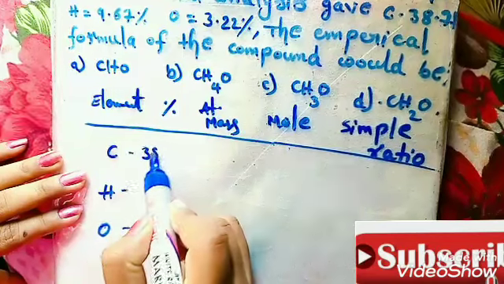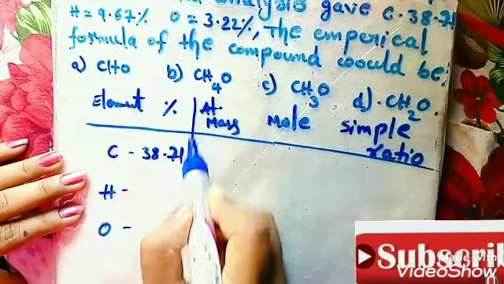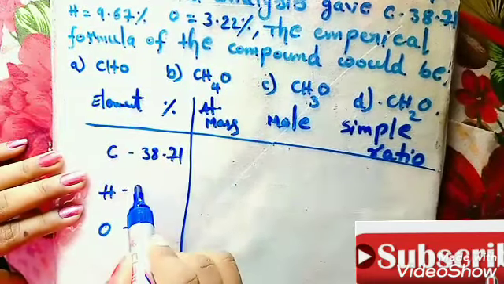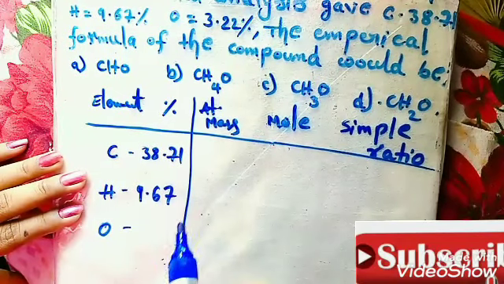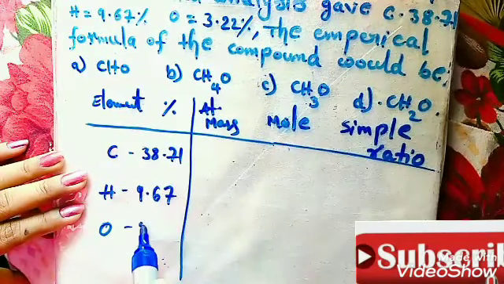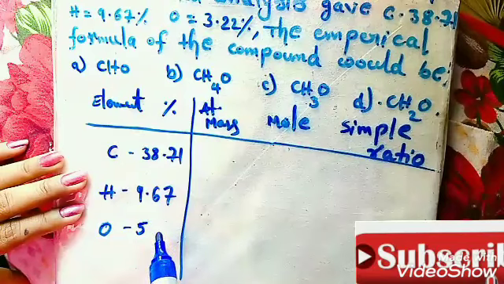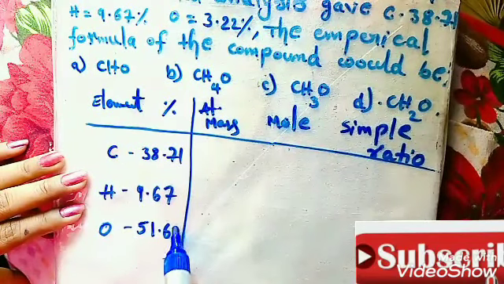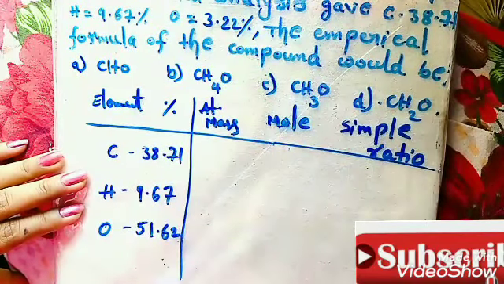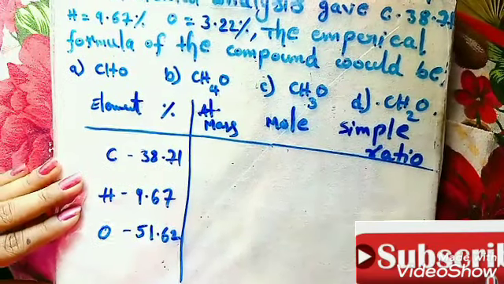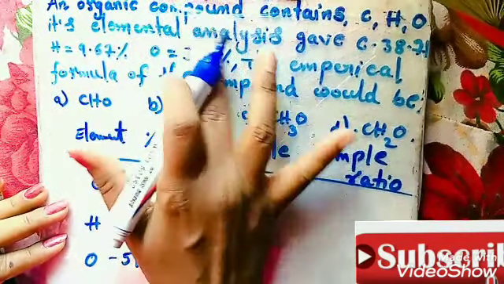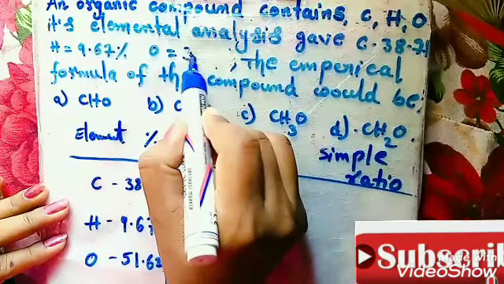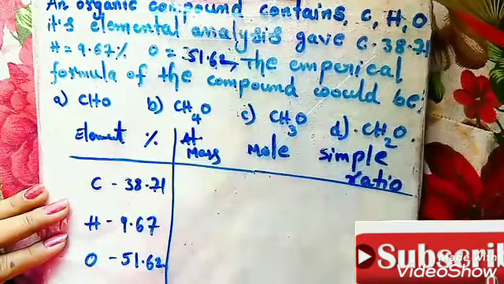Carbon is 38.71 and hydrogen 9.67% and oxygen 51.62. Here I have written it wrong, 51.62.